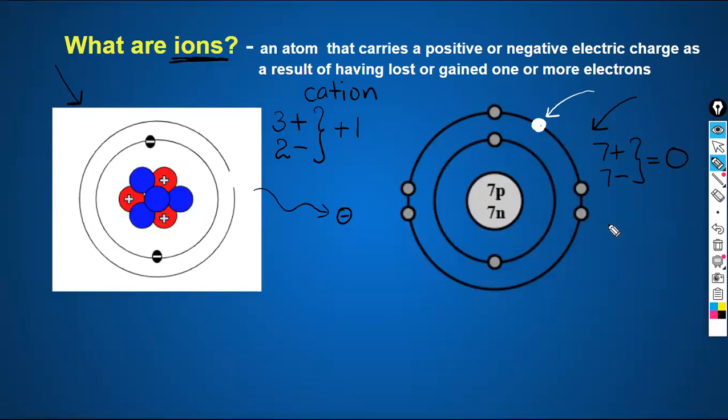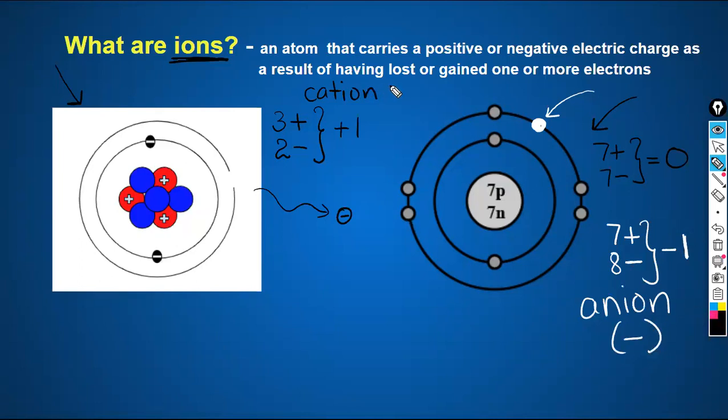It still has 7 protons, but now it has 8 electrons. What's the overall charge here now? Who is going to win the fight here now? The negative. The overall charge will be negative 1. Whenever the overall charge is negative, it's called an anion. Anions have an overall negative charge.